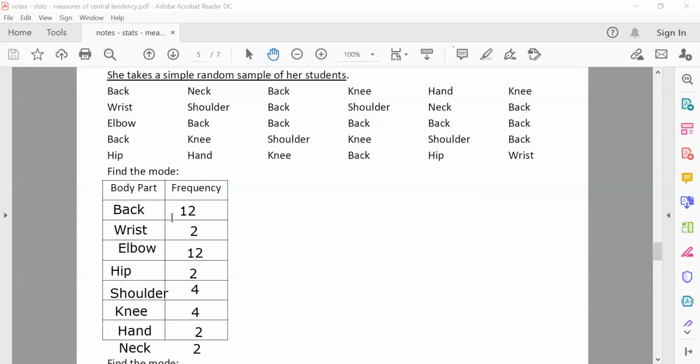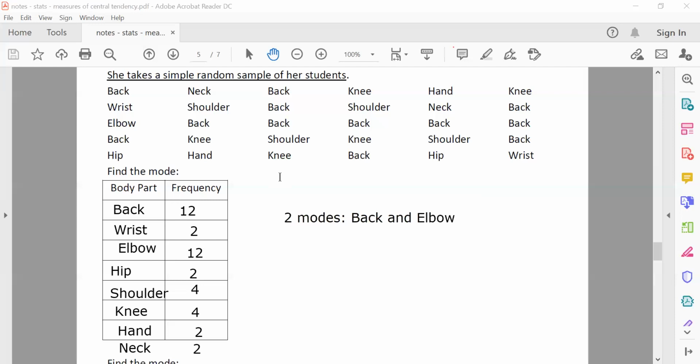What would you say the mode is in that case? Exactly. It is both the back and the elbow. So there's actually two modes. And one of them is not more dominant or more important than the other one because they both appeared the same number of times. There's two modes in that case.